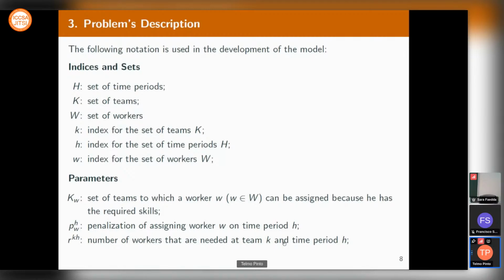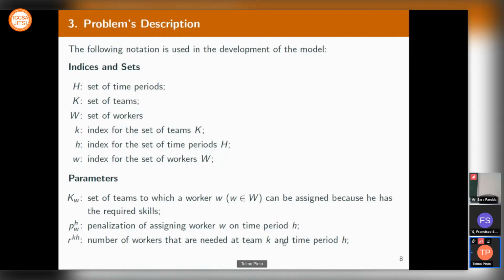In terms of mathematical notation, I will not go deep into mathematical details. I only want to show you the defined sets. The set of teams is denoted as K, the set of time periods is denoted as H, and the set of workers is denoted as W. Lowercase k, h, and w are the indexes for these sets.